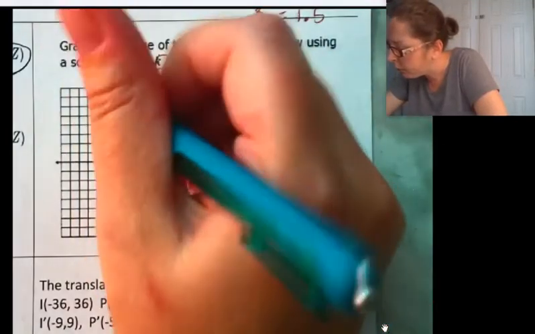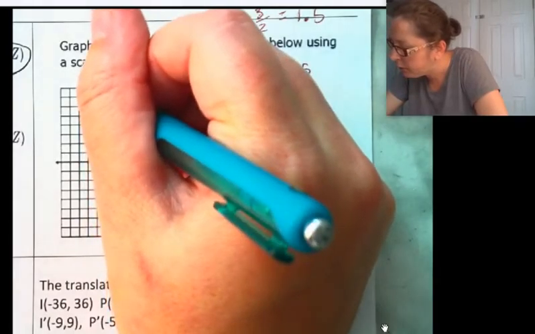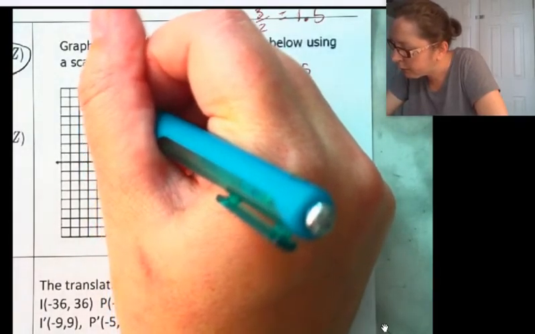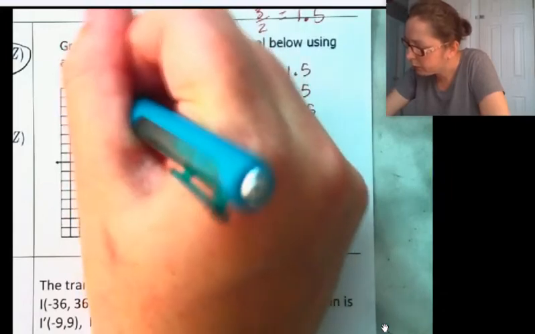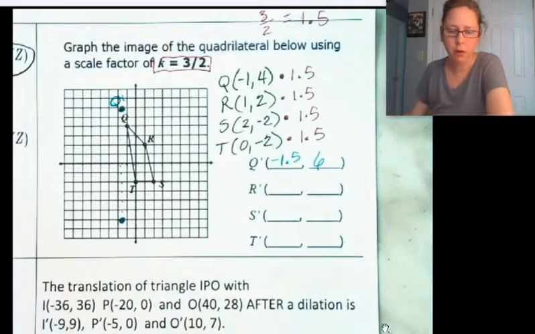Whoops, I went the wrong way. Sorry, guys. 1, 2, 3, 4, 5, 6 is right here. Okay, there's Q. Let's do R.